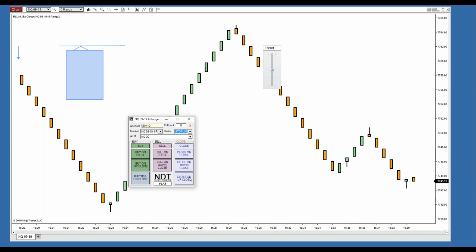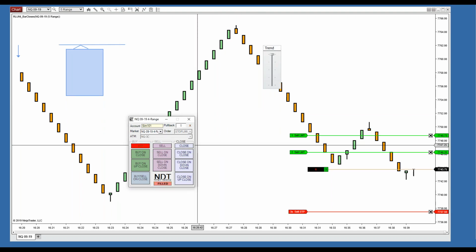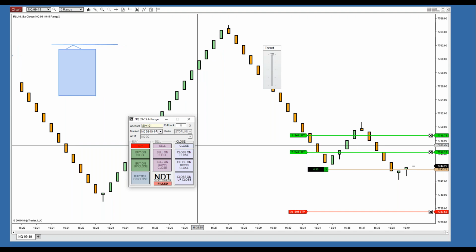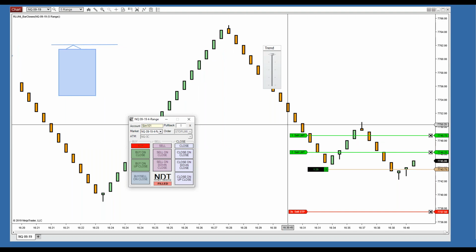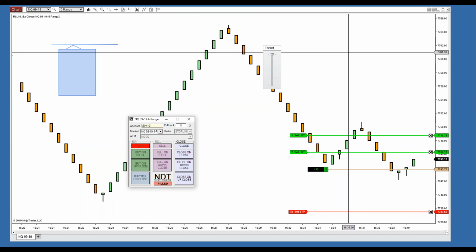Now, the only other trade that you can also do is, let's say we're going to sell. Let's buy because we're moving up. Let's hit the buy automatically. Let's let it go up a little bit. Now let's say you feel that the market has gone up so far that you just don't feel it's going to go up any further.